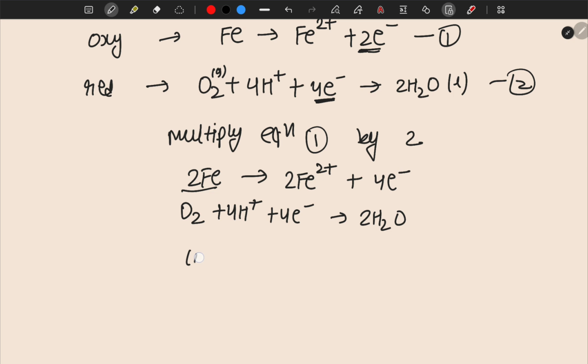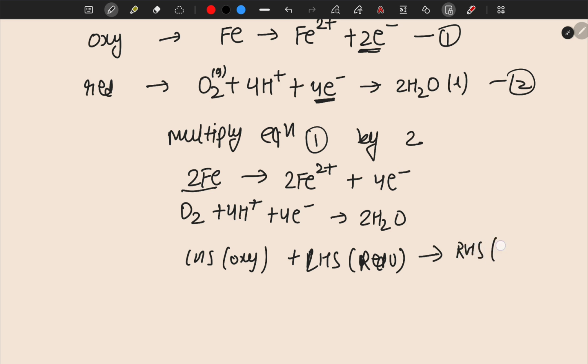Just LHS of oxidation reaction plus LHS of reduction reaction, then RHS of oxidation reaction plus RHS of reduction reaction.